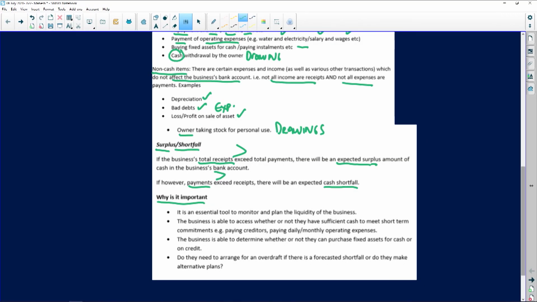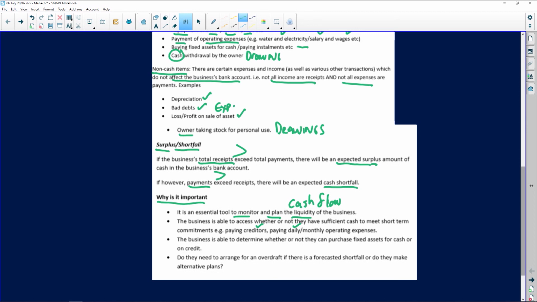Right, so why is this important? It is an essential tool to monitor and plan the liquidity. Liquidity obviously means cash flow of the business. The business is also able to assess whether or not they have sufficient cash to meet short-term commitments, such as paying your creditors, paying daily or monthly operating expenses or not.